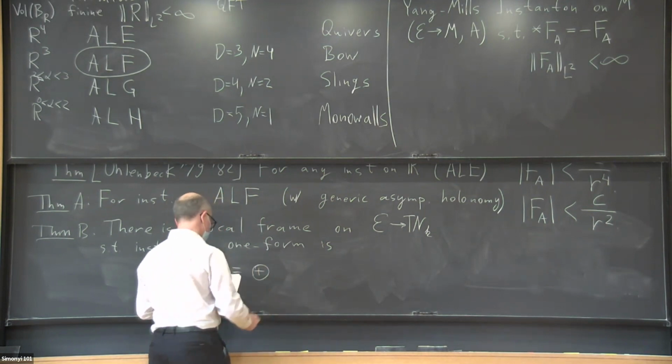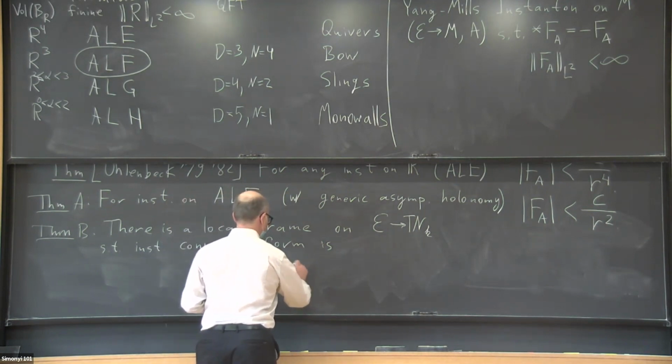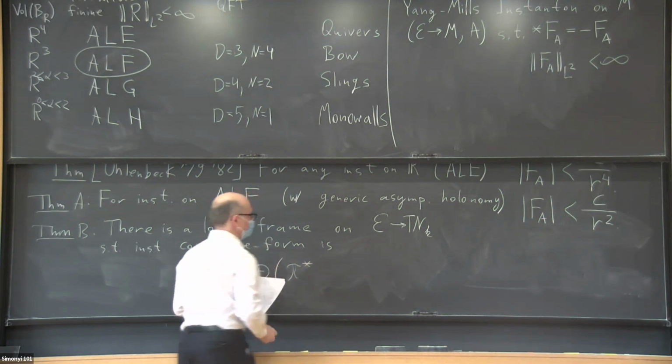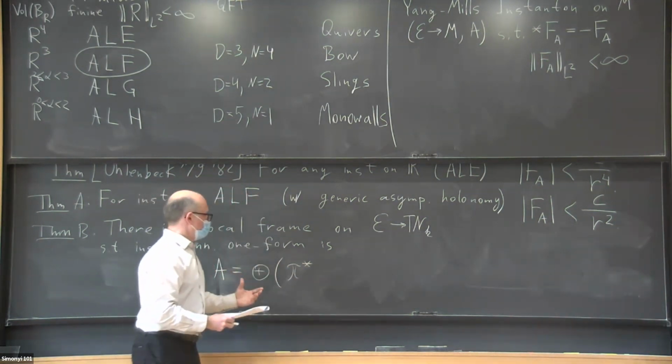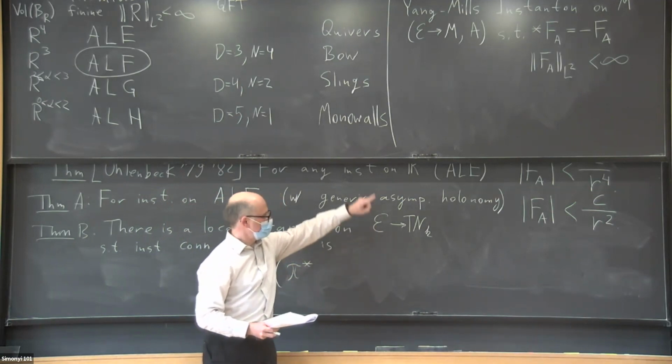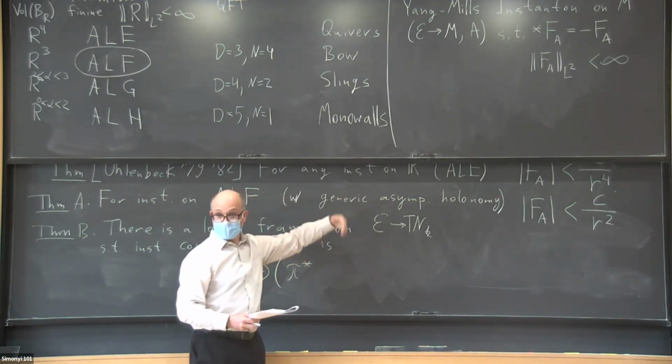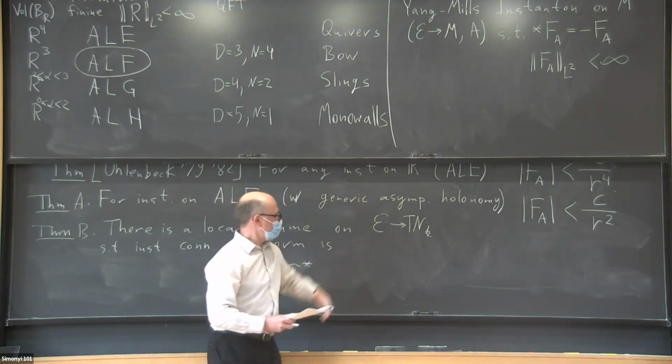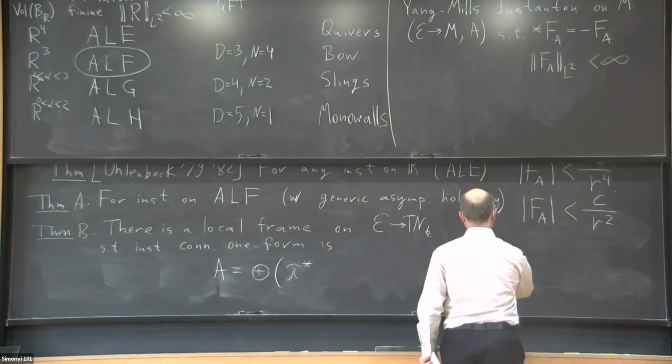There are some abelian ones, so each of them. At infinity, as I said, the holonomy of E around the circle has distinct eigenvalues. As a result, we can take this E and split it into eigenbundles of holonomy.